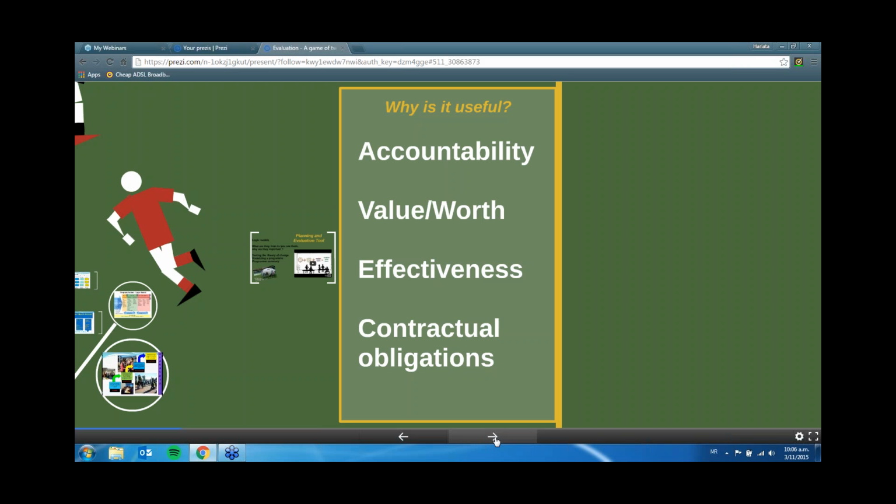So evaluation is about estimating the value or worth of a program, and not all programs are equal, and not all programs are worth funding. Evaluation is one of those methods that you can use to demonstrate and describe the worth of the program, more importantly to the participants and our whānau as a whole.